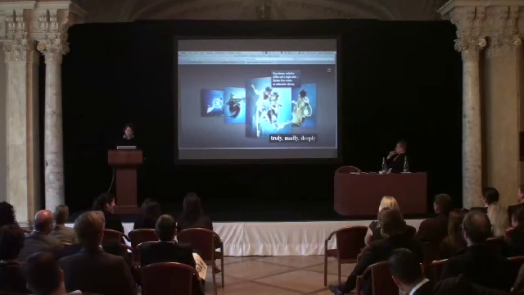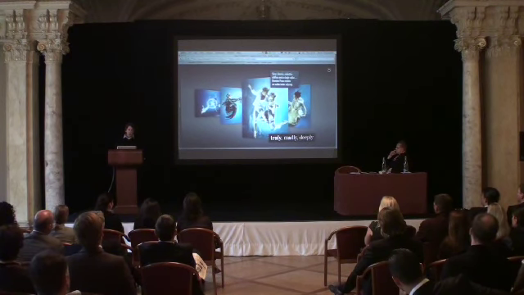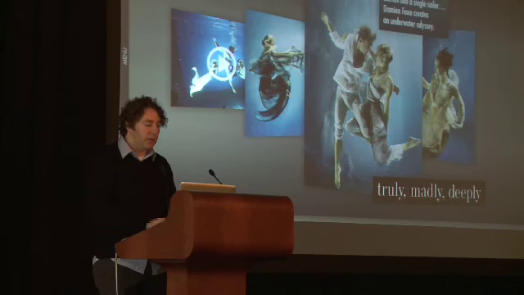You can see we've added a little bit of movement within this kind of 3D space, just to indicate to the user that these are live elements that you want to play with.